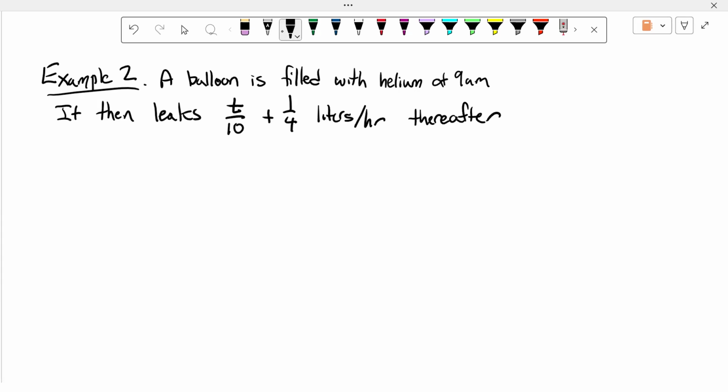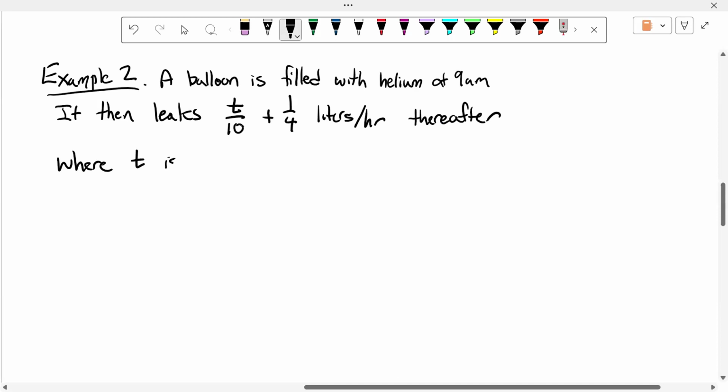So basically you fill it up, it's going to lose at least 1/4 liters per hour. But as time goes on, it starts leaking more and more. It just starts to escape. Where, in this case, t is hours after 9 a.m.